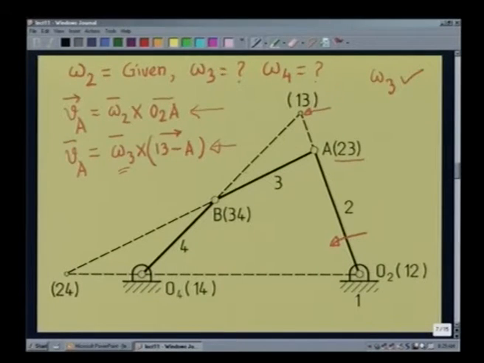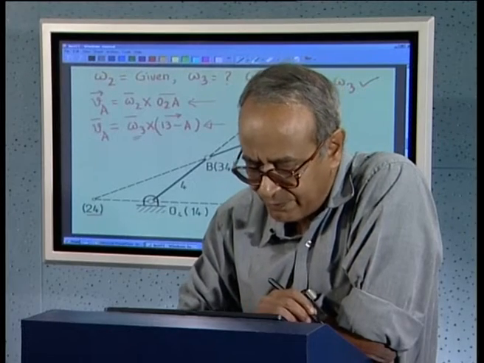To determine the output angular velocity, that is omega 4, that is of the line O4B, we consider the point 2 4, which we have already located. Now, 2 4 is a point whose velocity will be same whether I consider it to be a point on body 2 or I consider it to be a point on body 4.